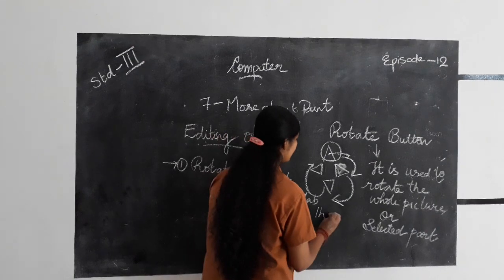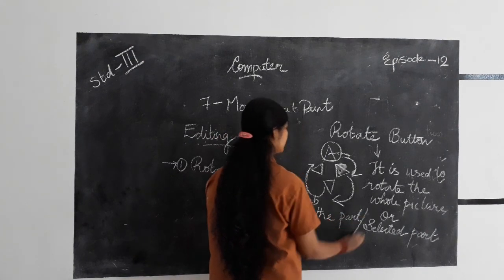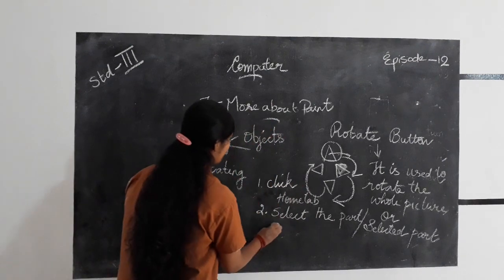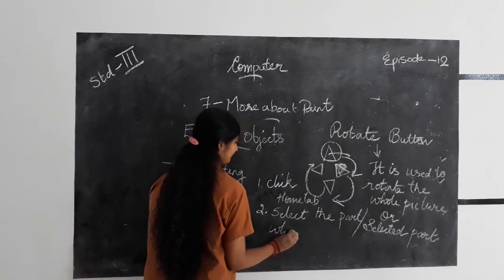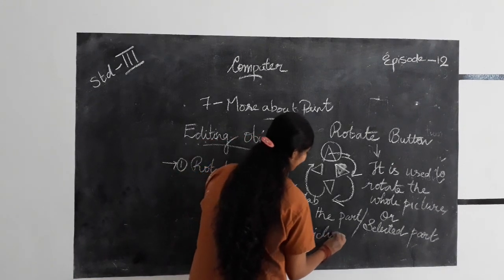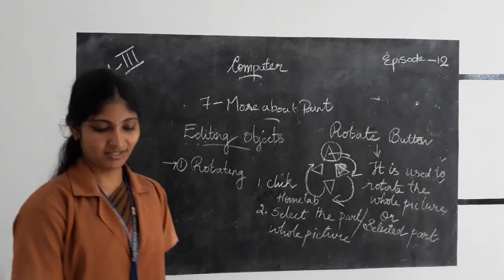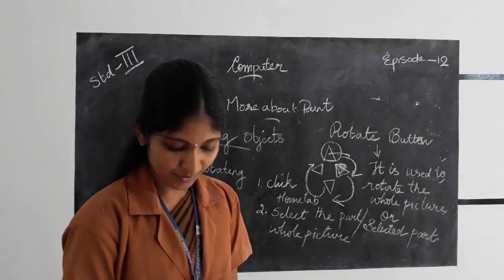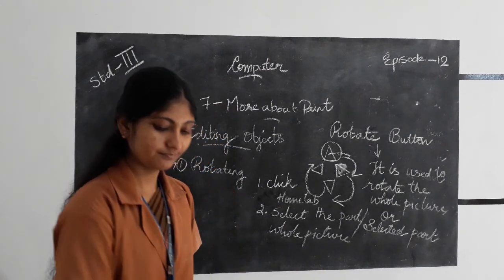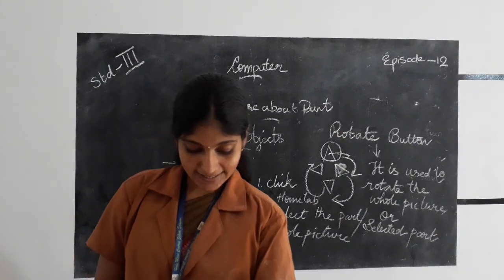Select the part or the whole picture. Then third option. After selecting the part, there is a rotate button.